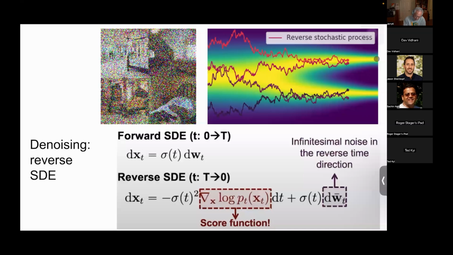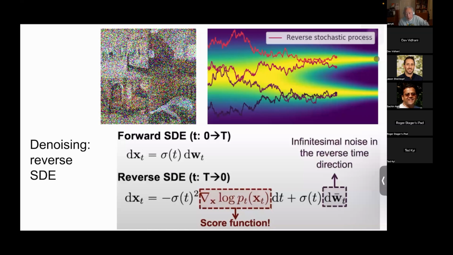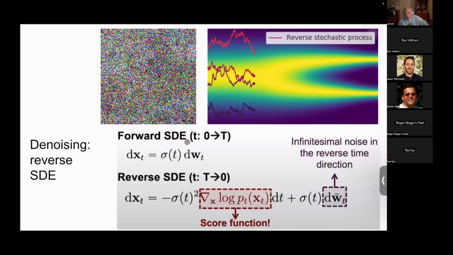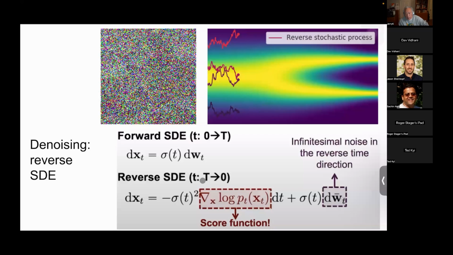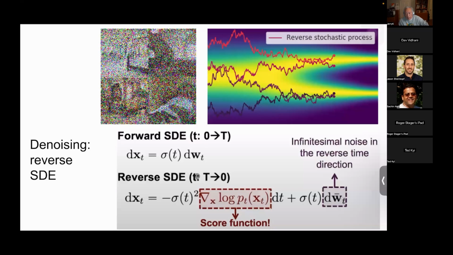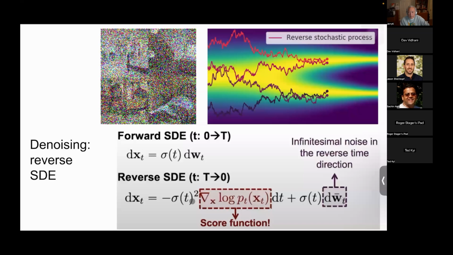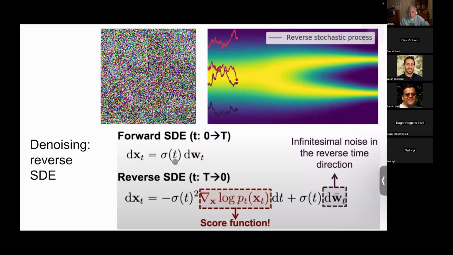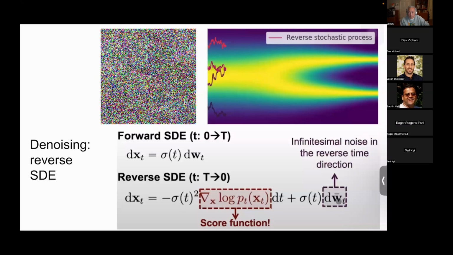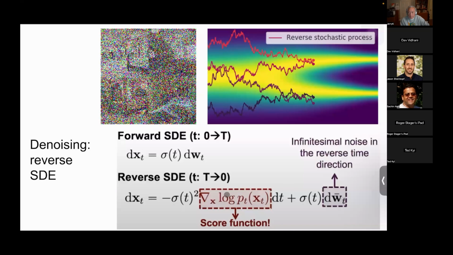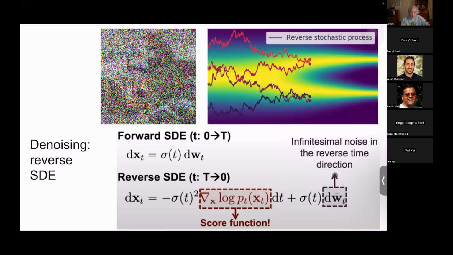The thing about these two stochastic processes is that if this is your forward SDE, which goes from 0 to T, the reverse stochastic process is also an SDE, which is dependent on the same parameters but includes a score function in its formulation, and is also a Brownian motion if you look at the infinitesimal noise added in the reverse direction.